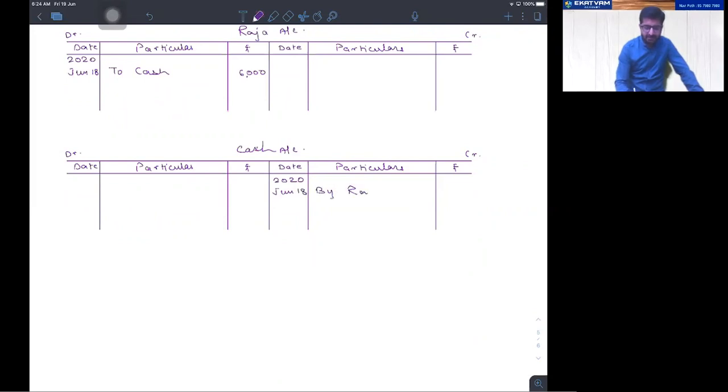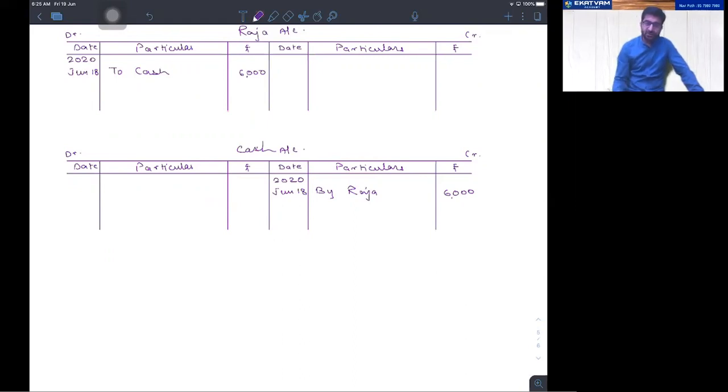The reference of the account because of which this account needs to be credited. That is 6,000. I hope this basic is clear for everyone now: how do we do the journal entries and how do we do the posting of those entries into the various accounts. Am I right?